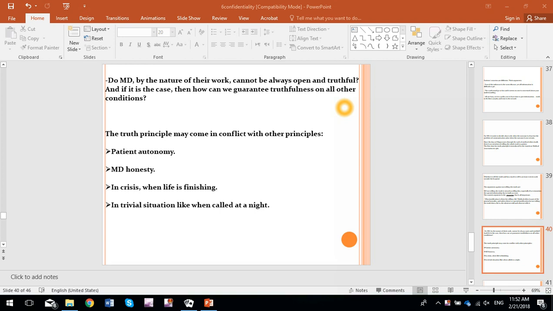Now, if you believe in patient autonomy, we discussed it thoroughly in this course, then if you're not telling the truth, you are violating the patient autonomy. Patient autonomy means providing the patient all the information needed and leave him to choose what line of treatment to use. If you don't tell the whole truth, then how can you guarantee the patient autonomy?